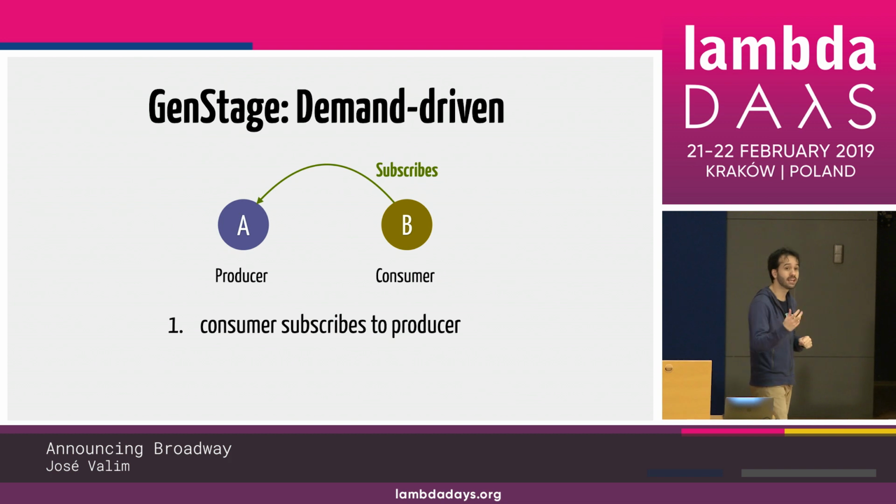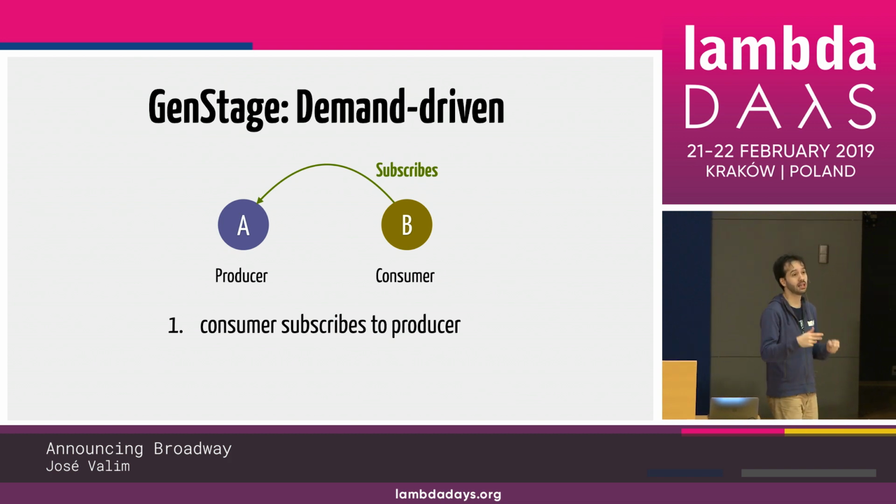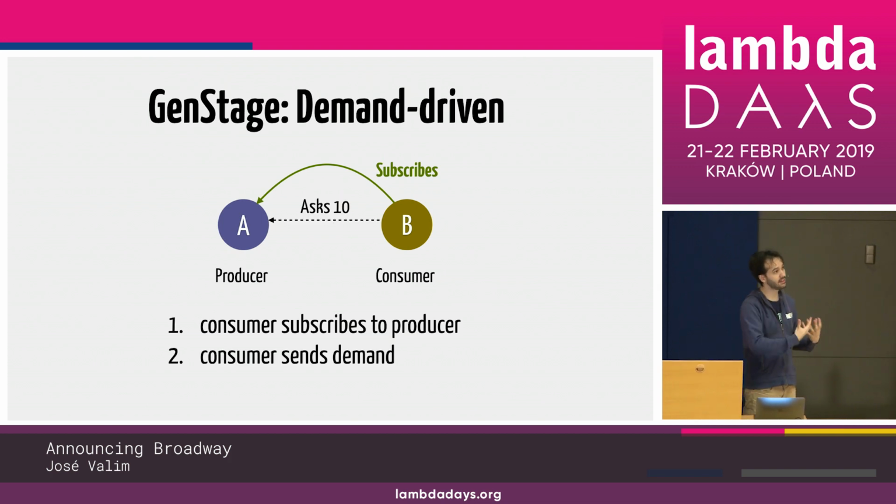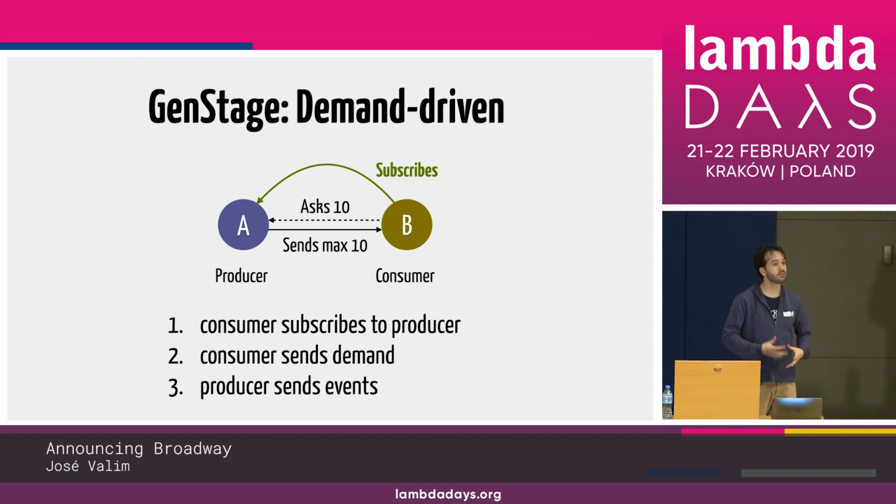The consumer can say, hey, give me 10 elements, give me 10 messages, 10 events, whatever. And then only after the producer receives that demand is the producer allowed to send data to the consumer. And the producer can send those 10 elements 1 by 1 or 5 by 5. It's up to the producer to send the data, okay?